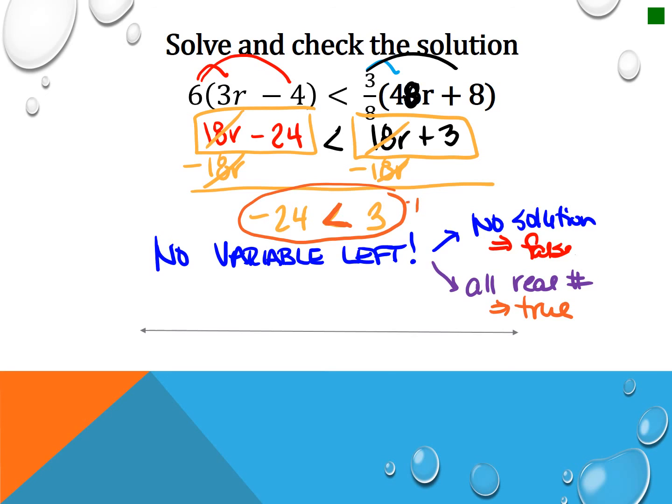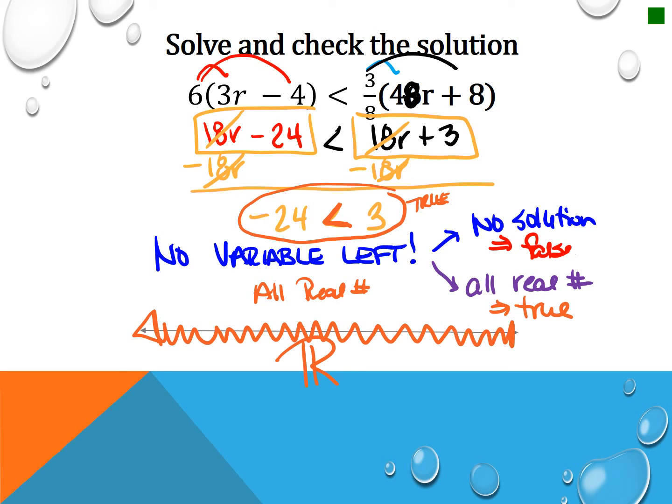So this is true, which means my solution is all real numbers. Now, we mathematicians are lazy, so we just do those little parallel lines there and put an R. That's the symbol for all real numbers. And then we just color the entire number line.